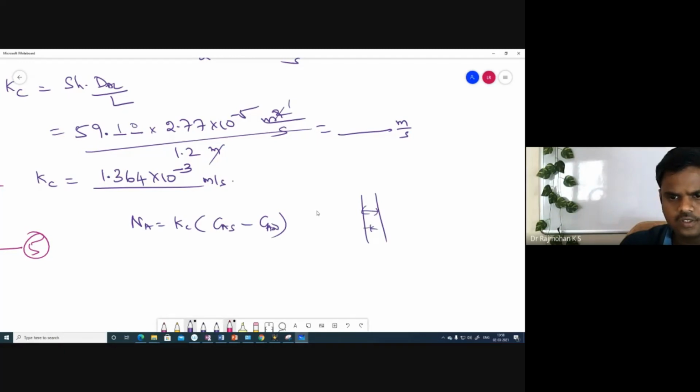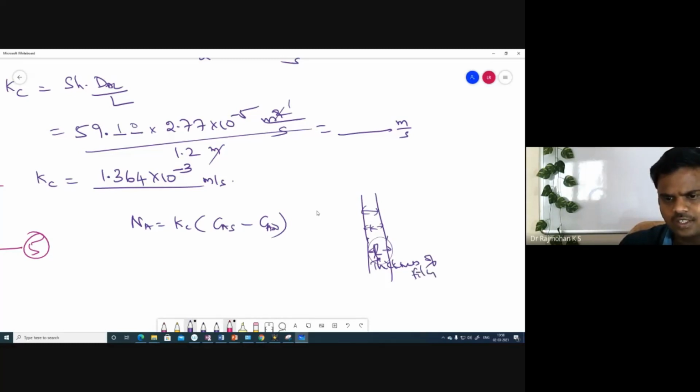For the K value, we are not concerned about the thickness, because we are not only concerned about diffusivity. If we talk about molecular diffusion alone, we should know the thickness. The thickness of the film is important, but it is impossible to measure it, right?